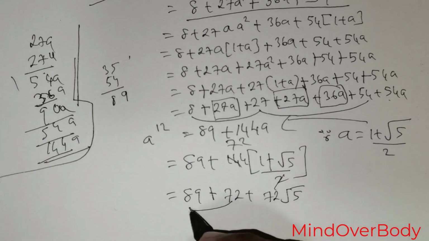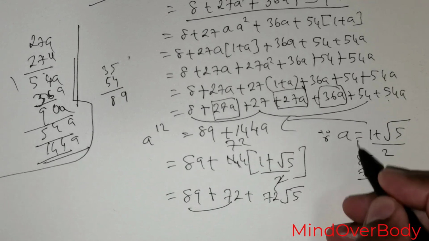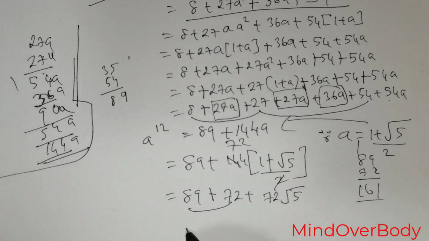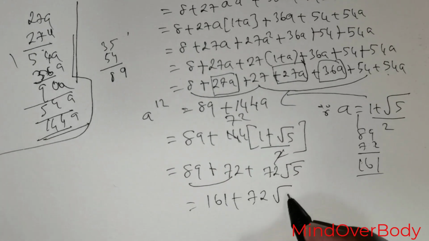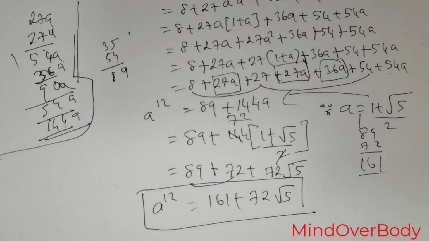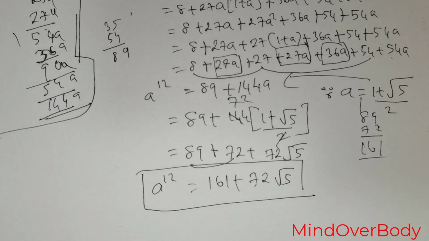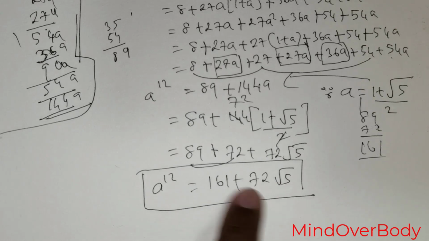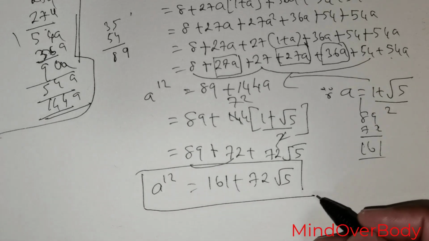Now I can add these two together, 89 and 72, that's 161. So 161 plus 72 root of 5. This is my a raised to the power 12. Now of course if you want to calculate, you can always use the value for root of 5. You can find that out and then compute it to be a value, but that is not necessary.